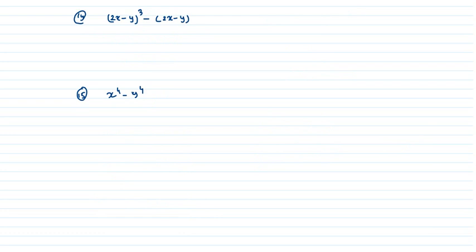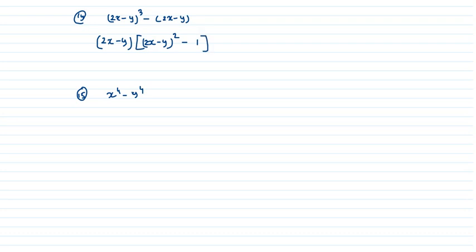Okay, now here see, from here what you can do is just take the common 2x minus y. Here 2x minus y, and I can take the common value, so I'm left with (2x minus y) whole square minus here 1.